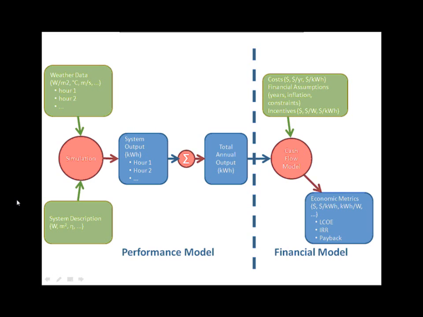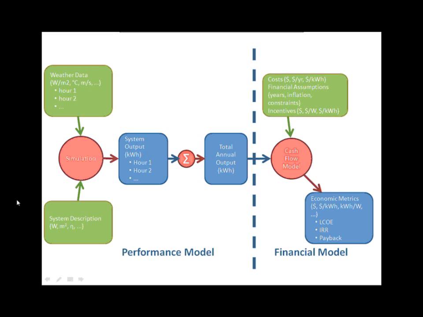In order to do that, it requires hourly weather data, which you provide as input to the model. So you've got a weather file with 8,760 hourly data points for the solar radiation, temperature, wind speed, and other weather factors that affect system performance.